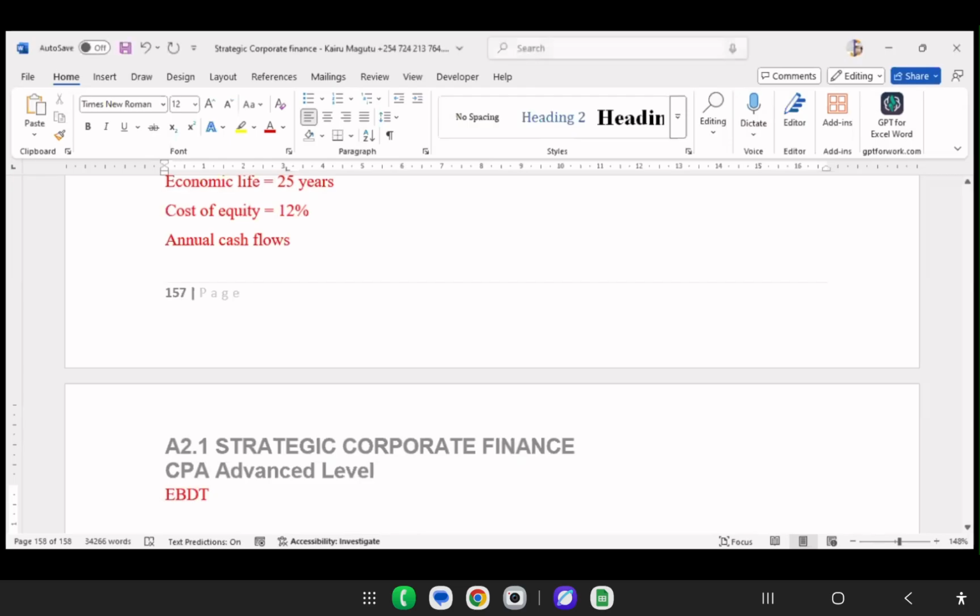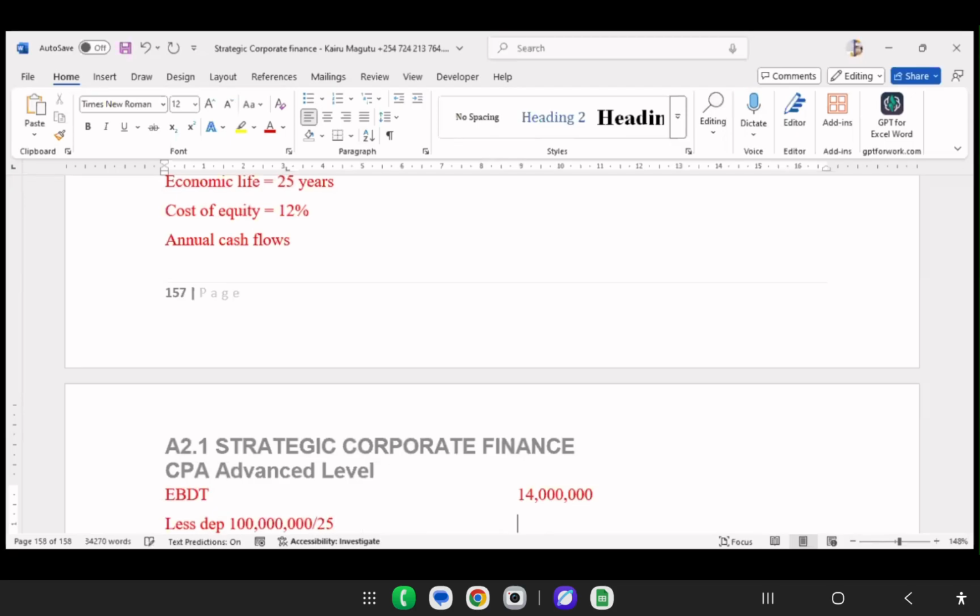So this one is 14 million, less depreciation. We are told that the machine cost is 100 million and it has a salvage value of 0, divided by 25.